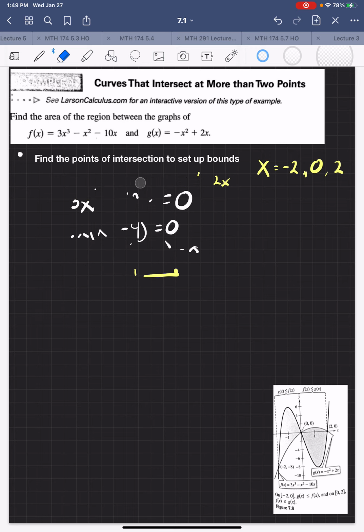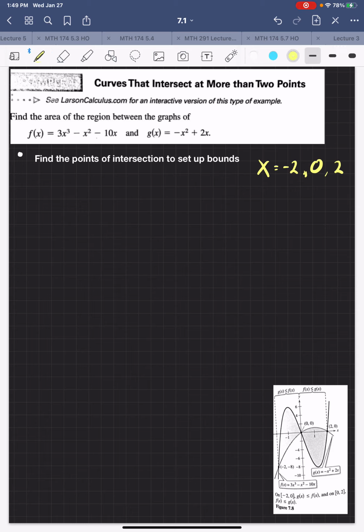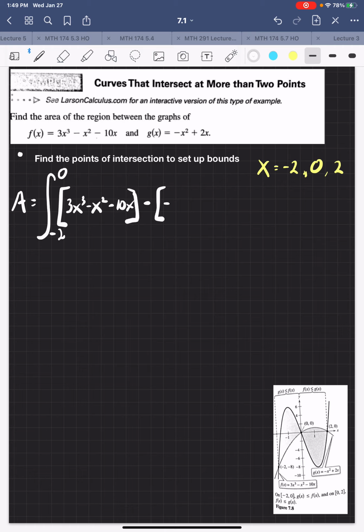So let's go ahead and set up this integral. So the area is going to be, let's start from negative 2 to 0. And that's going to be f of x minus g of x. 3x cubed minus x squared minus 10x minus g of x.